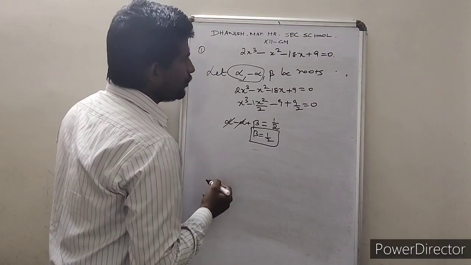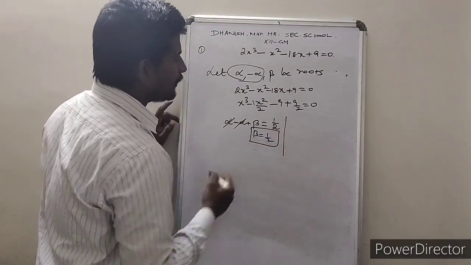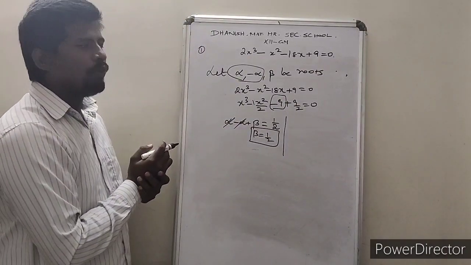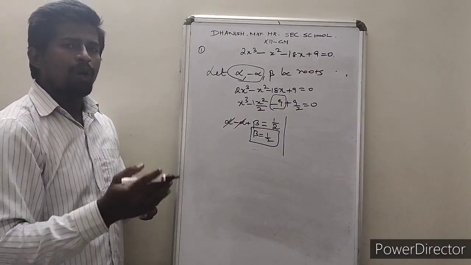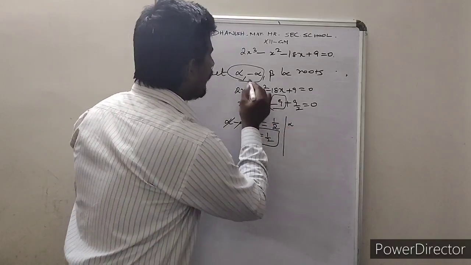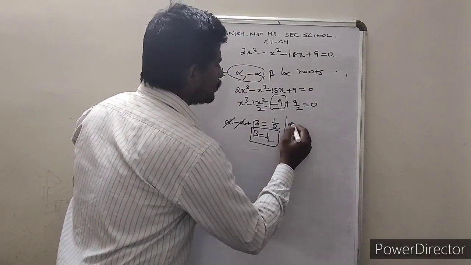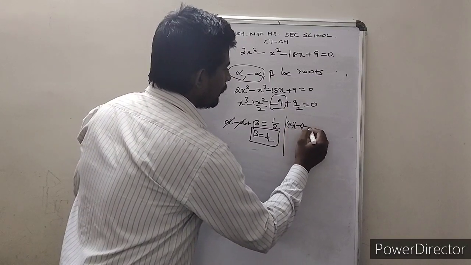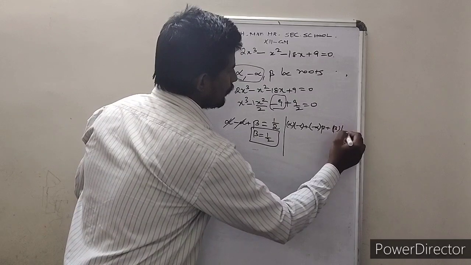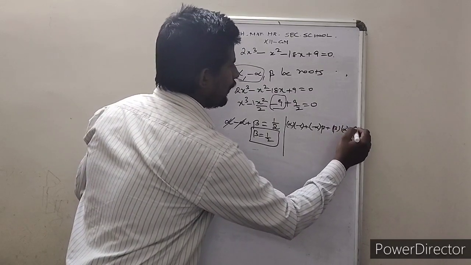Then I am going to take the second one. This value is equal to the sum of products of roots taken 2 at a time, which is equal to minus 9.